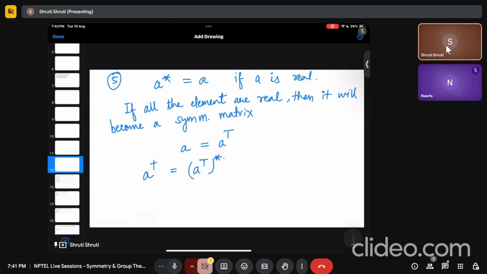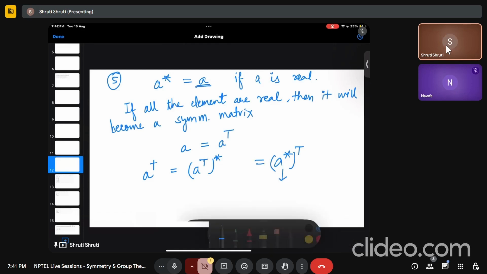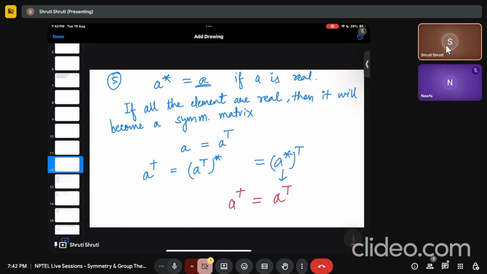Now, if A star is equal to A for real elements, then A dagger is equal to A transpose, which will be equal to A. So when all the elements of a Hermitian matrix are real, that matrix becomes a symmetric matrix.